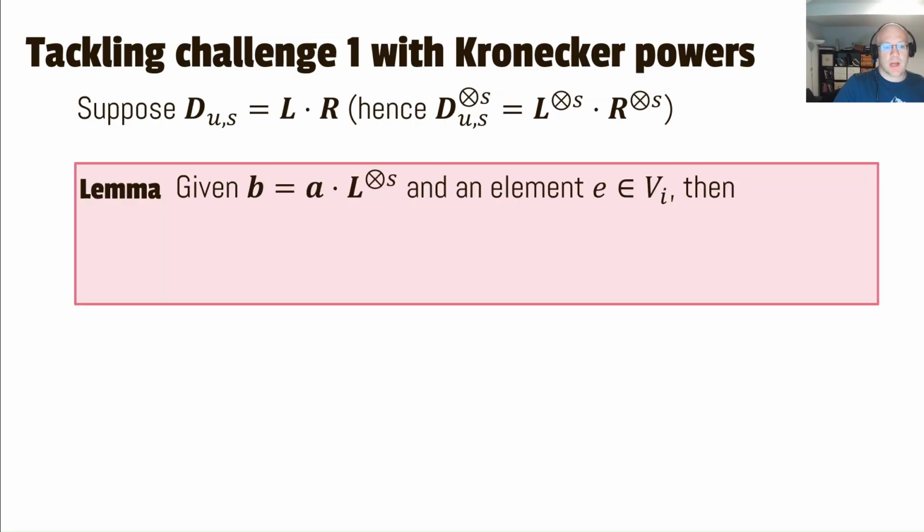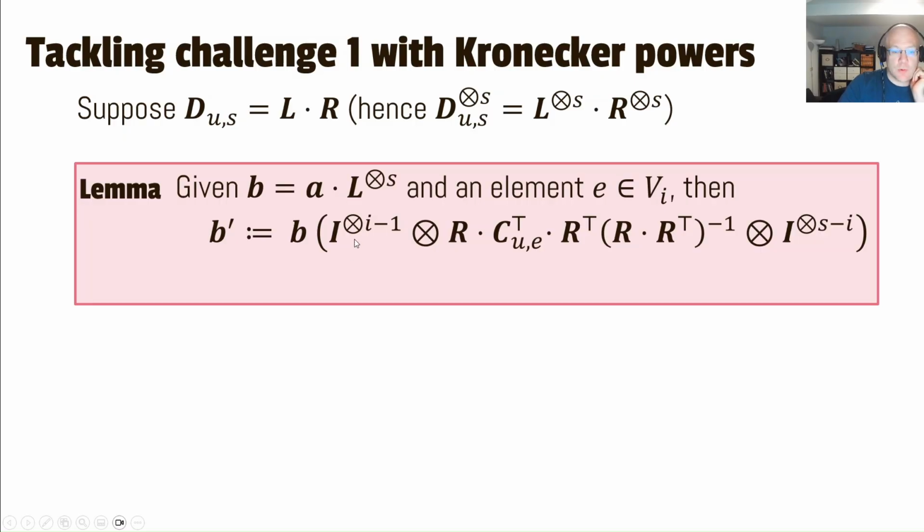Then I'm claiming that if you have this representative set B of A and an element e, then you can compute a representative set B prime of A, where you do the element convolution, and B prime looks like this.